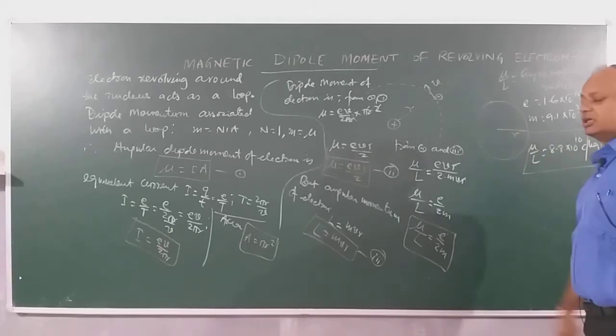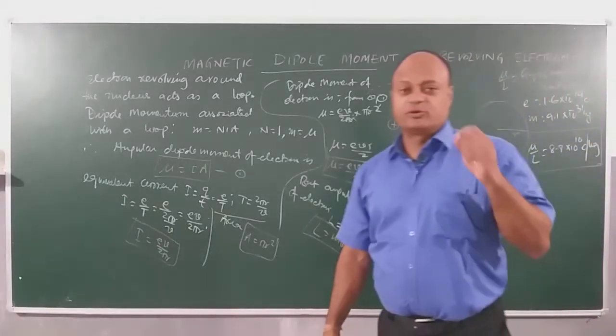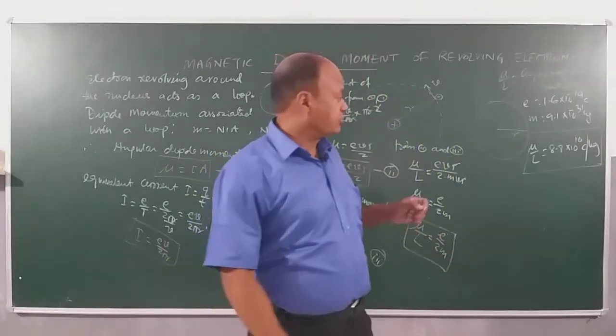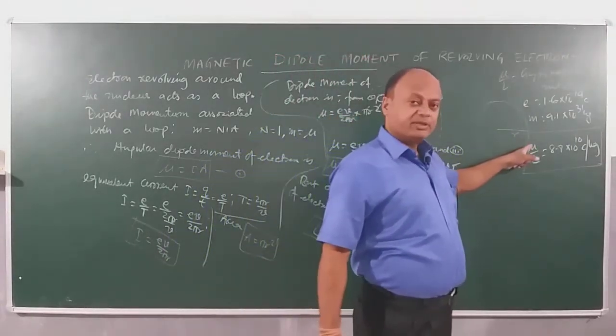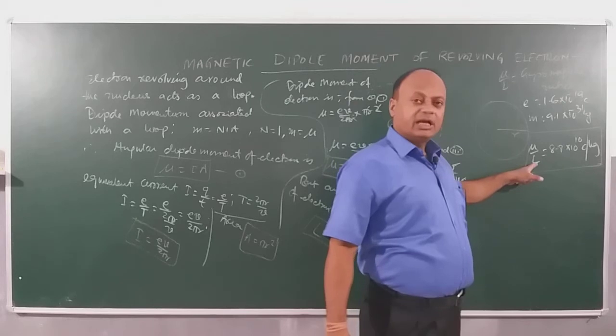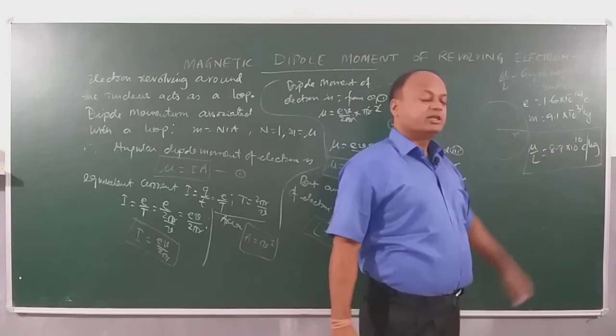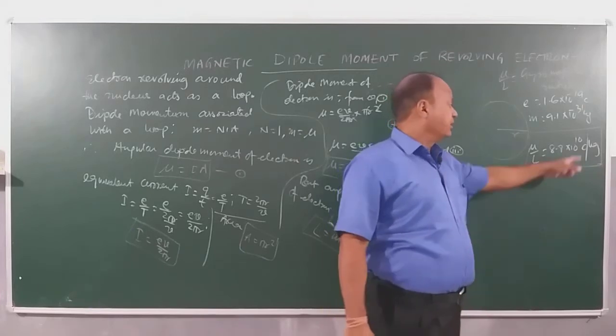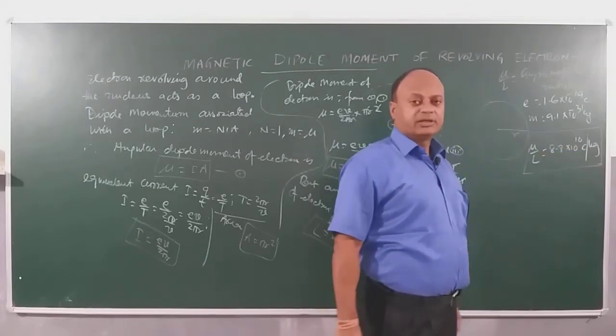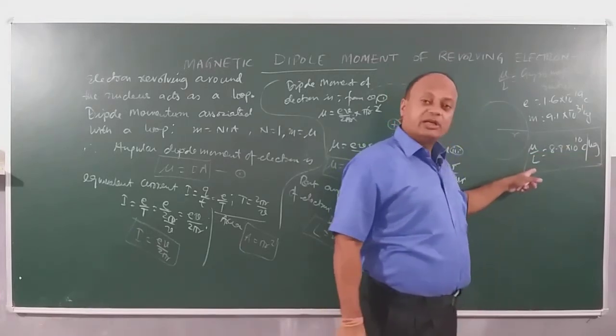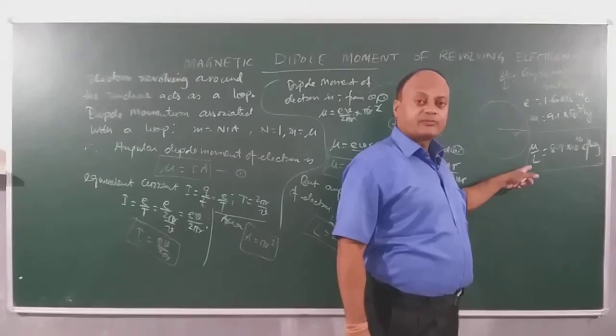So this is the value of gyromagnetic ratio. If you have to answer the value of gyromagnetic ratio, then you have to know that gyromagnetic ratio is the ratio of magnetic dipole moment and angular momentum of the electron and its value is 8.8 into 10 power 10 coulomb per kilogram. Clear? Now remember, L is what? Angular momentum. Okay.